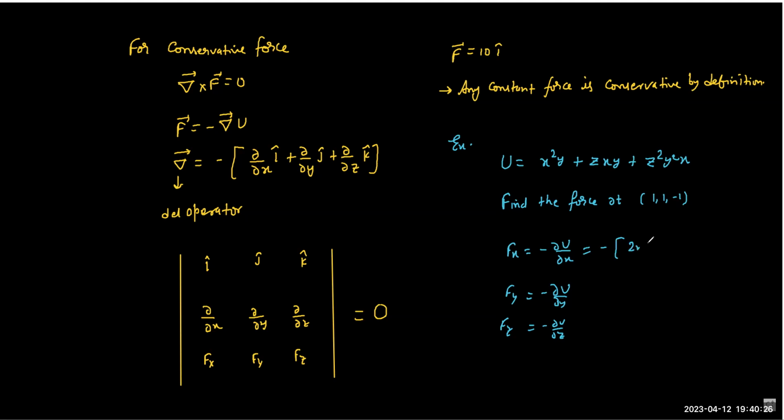So minus 2xy, yz, and if you put 1, 1, so 1, 1, 2, minus 1, 1, and 1. Minus 2 is the right answer. Very good. So similarly, can you find the Fy and Fz?